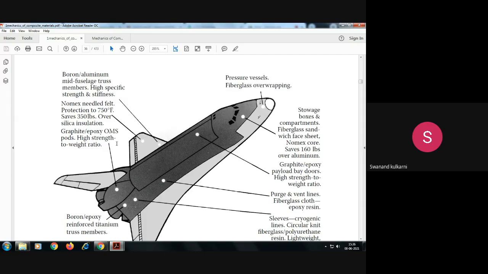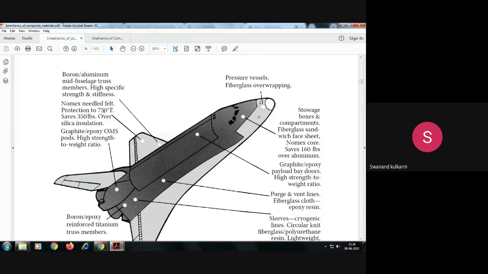Mid fuselage truss members which are present on both sides. For that, high specific strength and stiffness is required, where boron aluminum is used. Is it okay? So boron aluminum is used here. So mid fuselage truss members have high specific strength and stiffness.